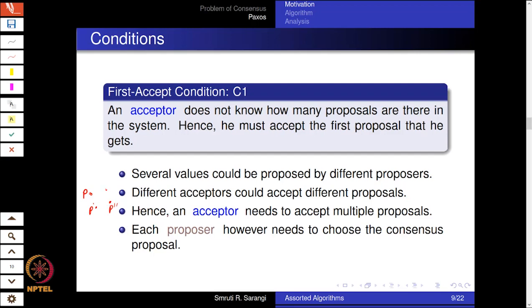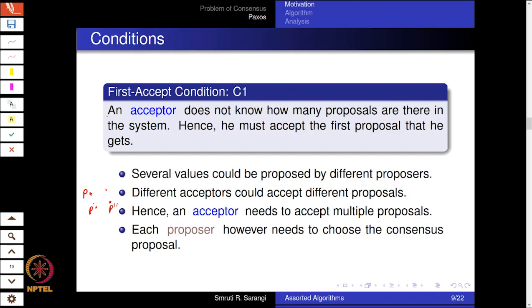So it will become necessary for an acceptor to actually accept multiple proposals and then ultimately do something such that one of them is chosen as the consensus value. Each proposer, after several rounds of messages, will ultimately need to choose a consensus proposal, and we will see how that will happen.